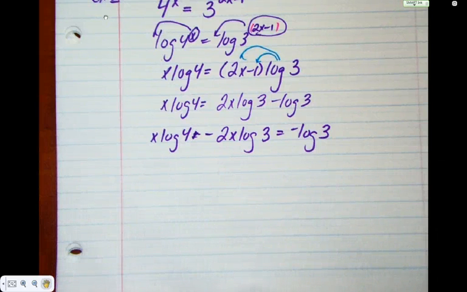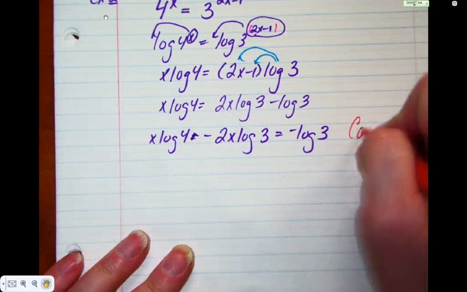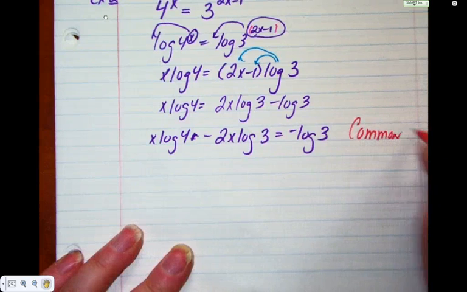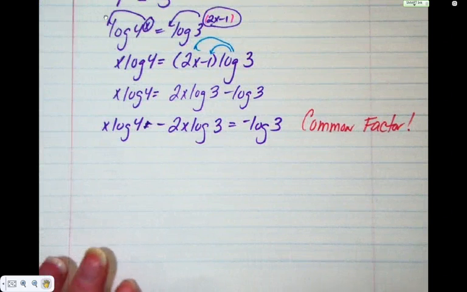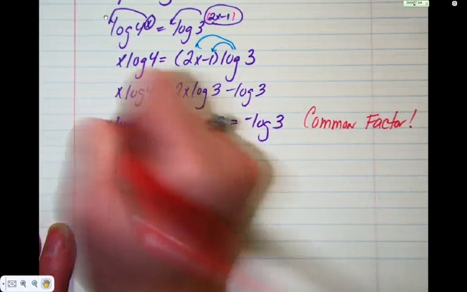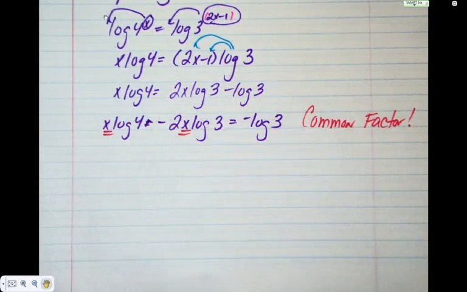Say it louder. High five to you. This will always be a common factor question when you get to this step. Common factor. So we have an x in this term and we have an x in that term. So the only way to isolate it is just to factor it out front.